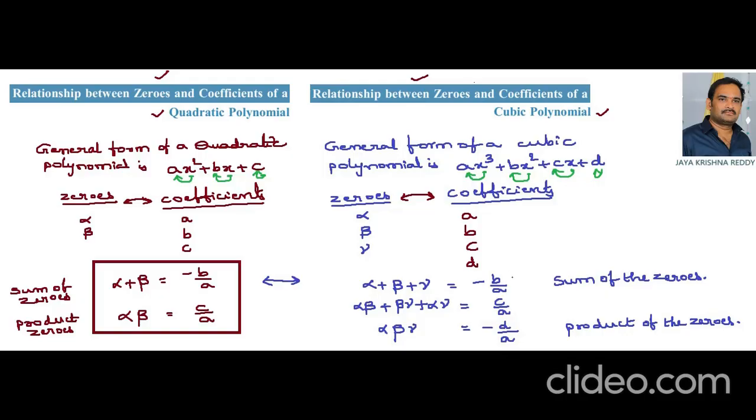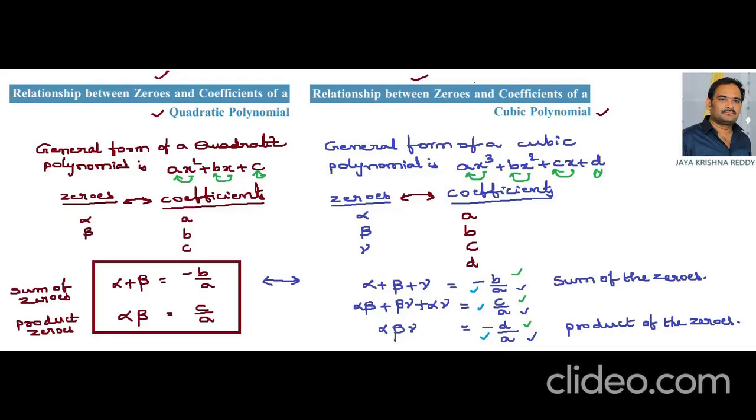Here you can observe that in all three formulas the denominator is a, and the numerators are b in the first formula, c in the second formula, and d in the third formula. Comparing the signs, the first formula has a negative sign, the next has a positive sign, and the last has a negative sign: alternating signs, minus, plus and minus.